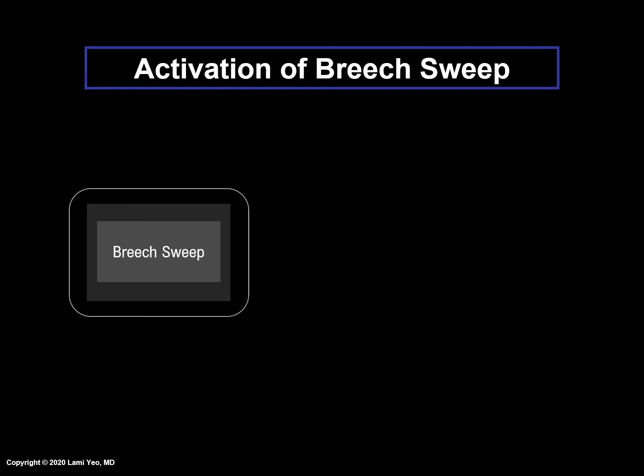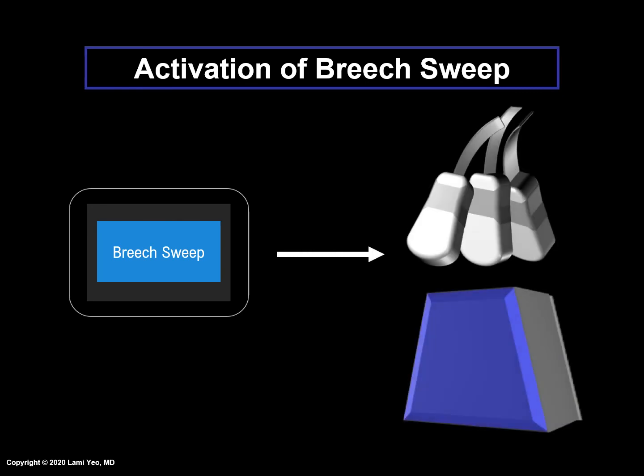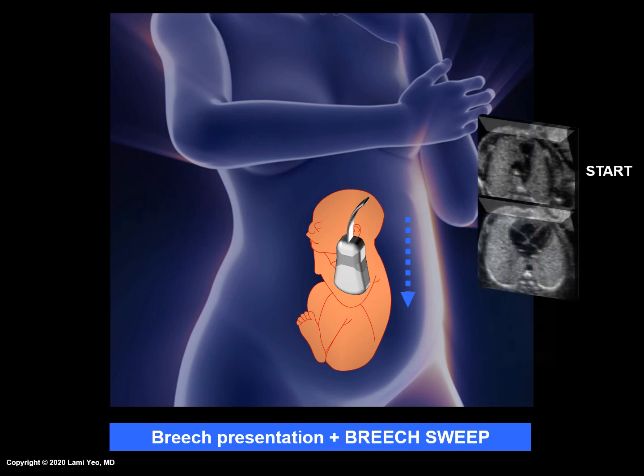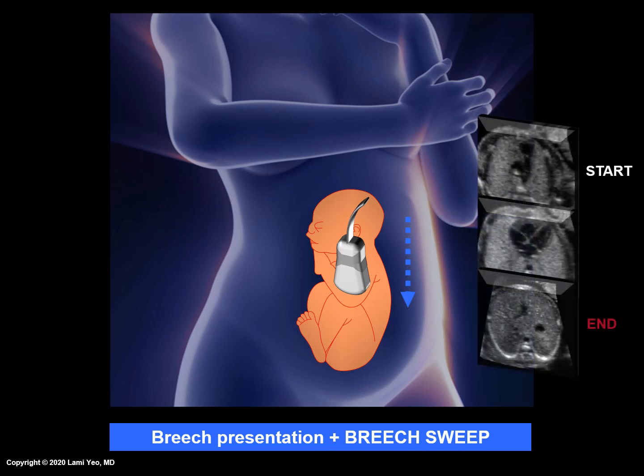If a fetus is breech and one plans to acquire a stick volume for analysis using FINE, first, the breech sweep button is pressed before activating the acquisition sweep. The motor array within the transducer will now switch directions so that the fetal upper mediastinum is now seen at the start of the sweep and the stomach at the end of the sweep.